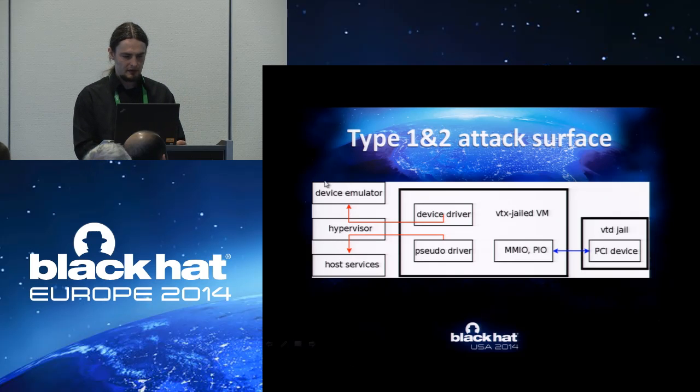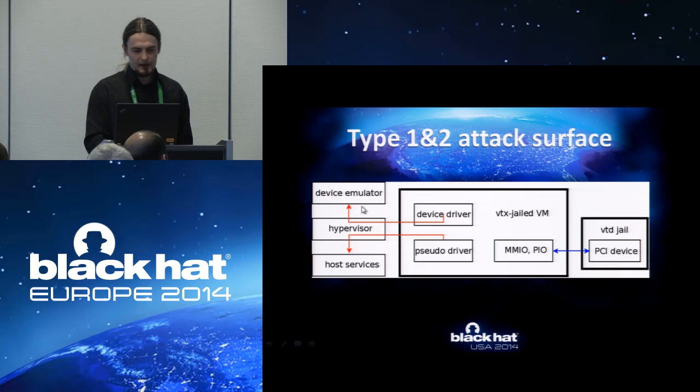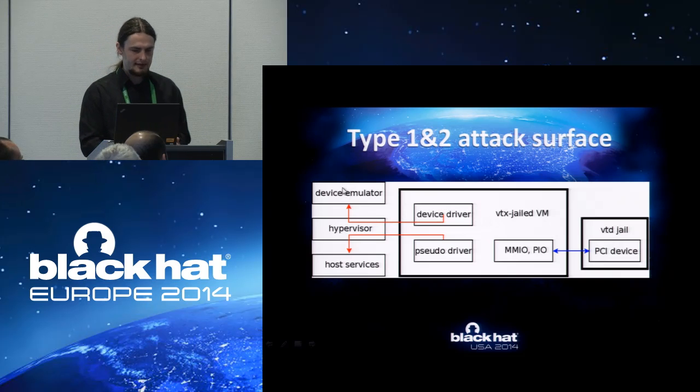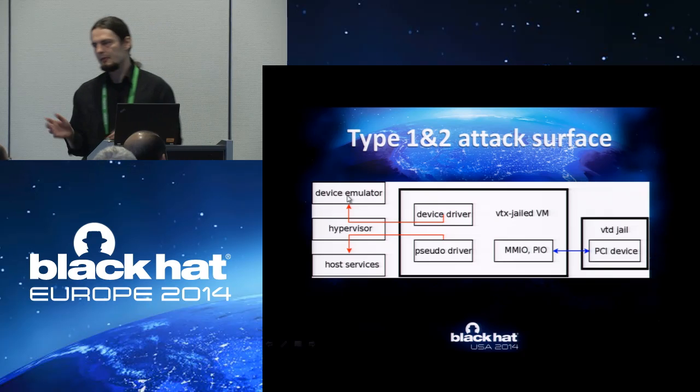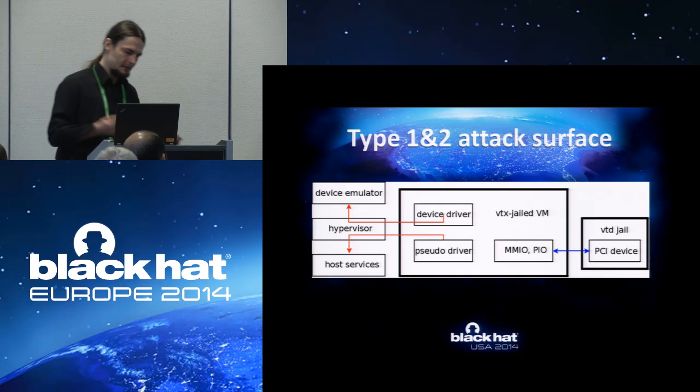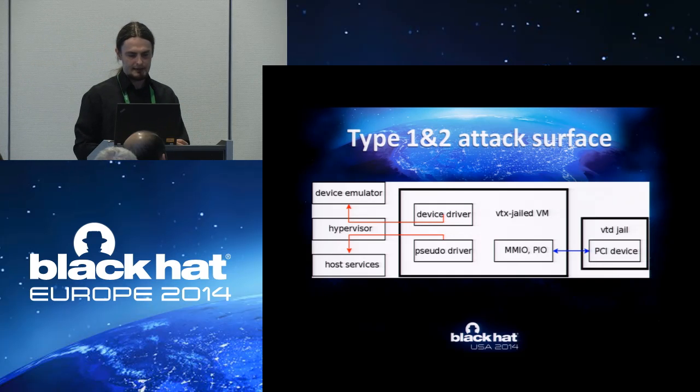That's the job of the device emulator. The hypervisor is responsible for intercepting all these actions by the device driver running in the VM and informing the device emulator, okay, the network card driver in the VM tries to send a packet, right? And the device emulator does this job on behalf of the VM.